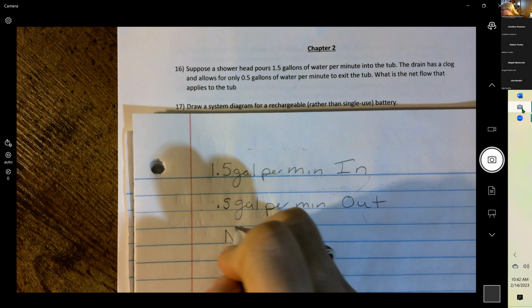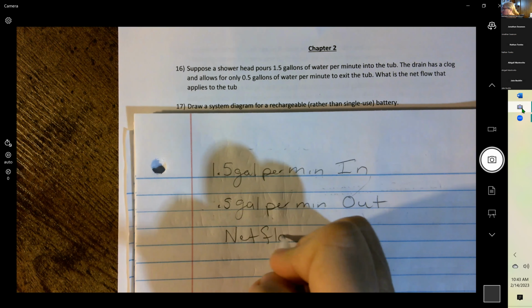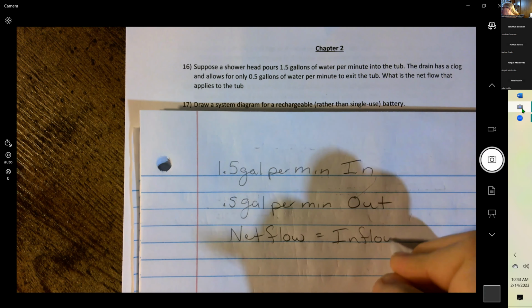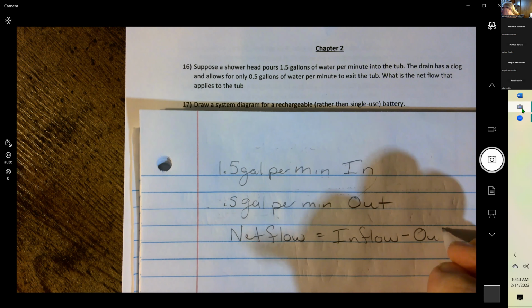Net flow is your inflow minus your outflow.